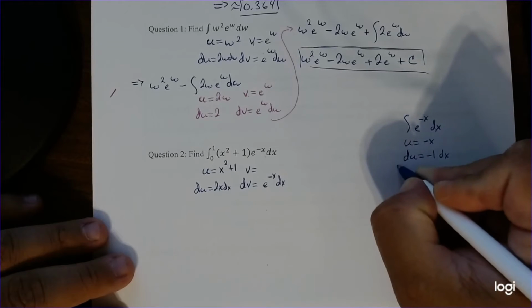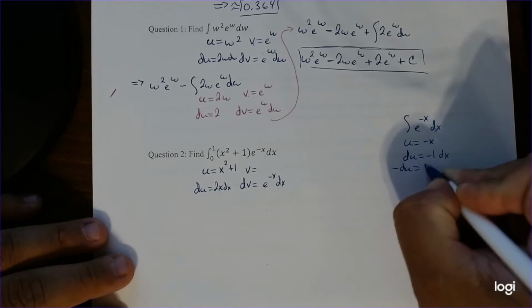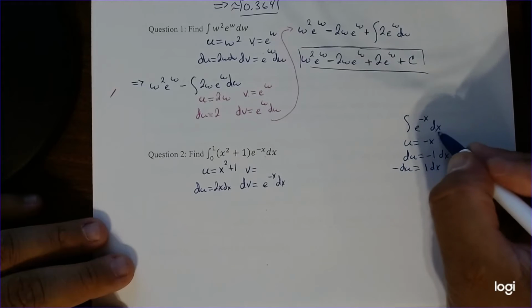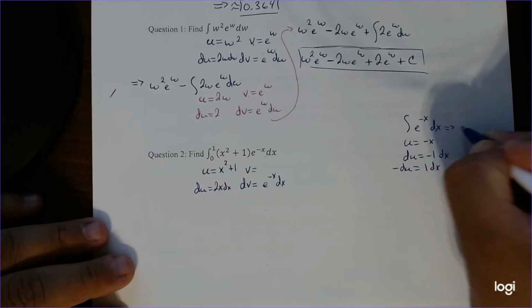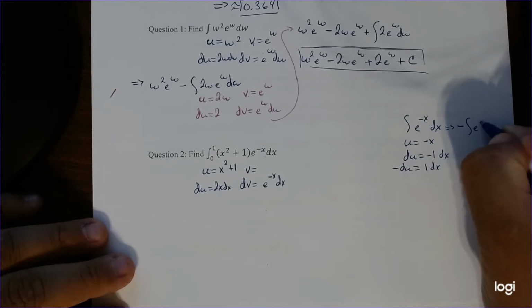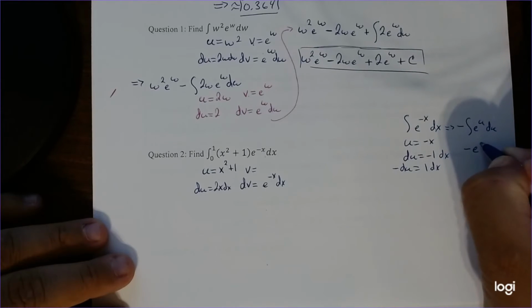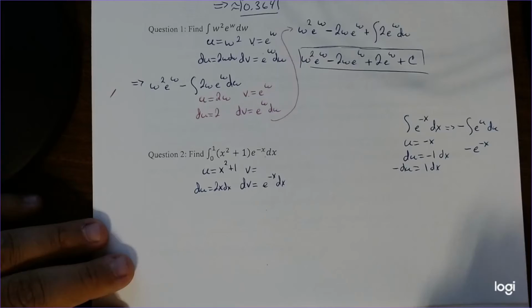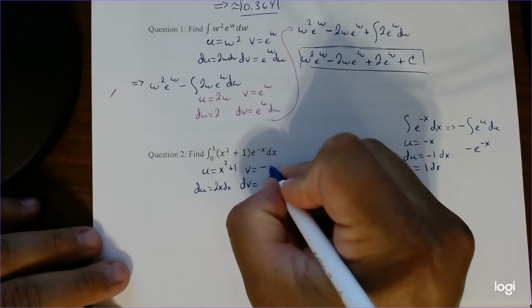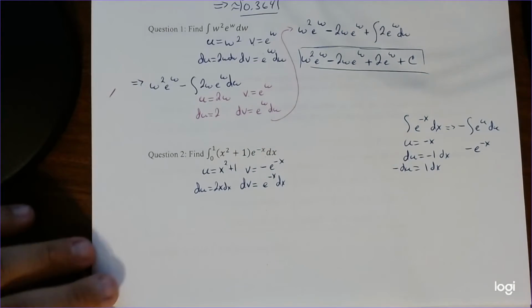So just pop a negative and we get exactly what we need. So this ends up being negative integral of e to the u du, so it's just negative e to the negative x. So this is v right here, like that.